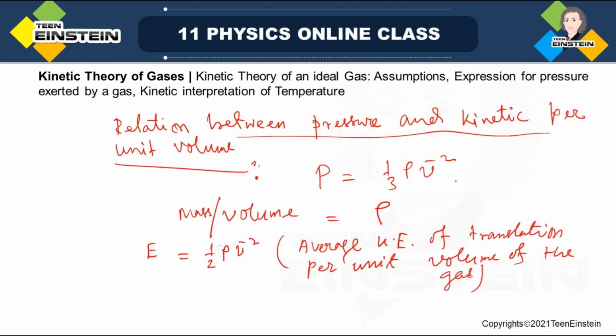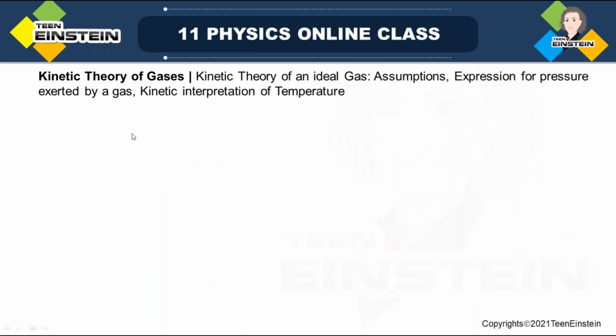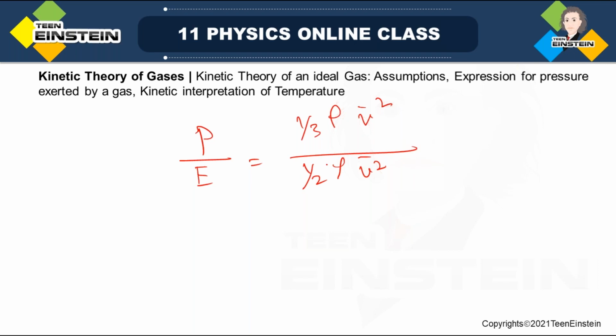So we have got two expressions. One is for pressure, another one is for kinetic energy. Then we can write pressure divided by kinetic energy. Pressure is one third rho v average square, divided by half rho v average square. So everything cancels off, and what we get is 2 by 3.